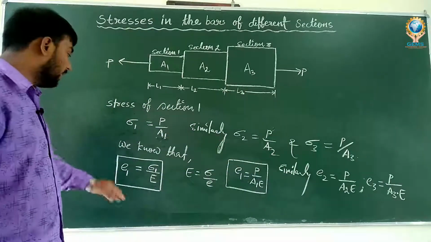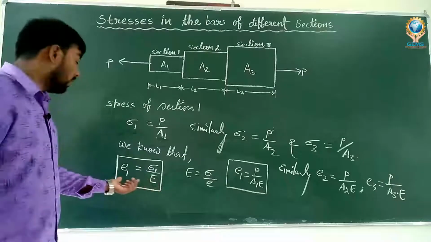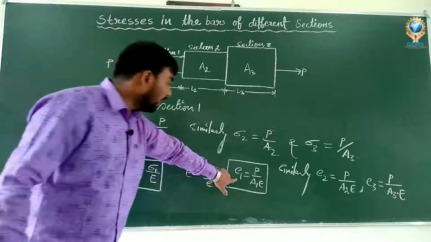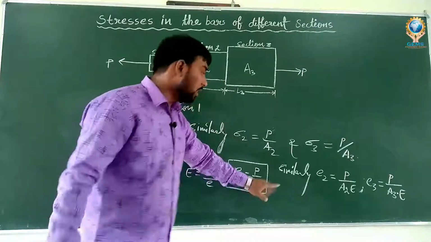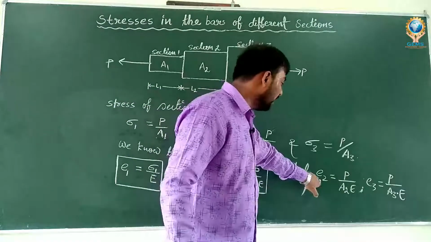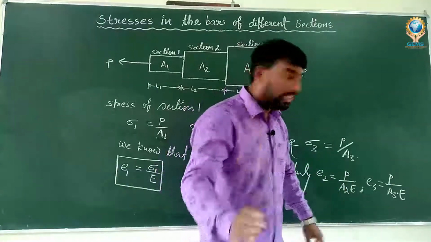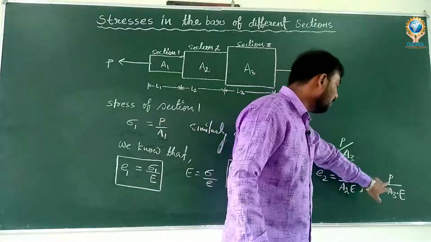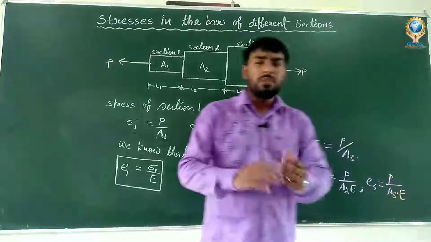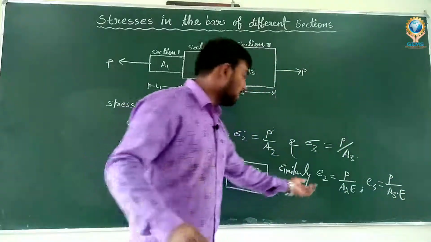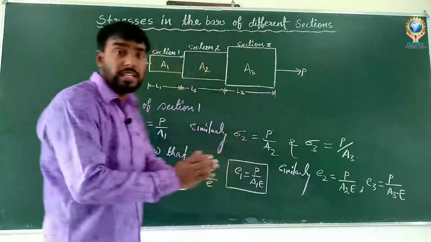Once again I will repeat it. The strain for section 1 is E1 equal to P divided by A1 into E. For section 2, the strain will be P divided by A2 into E. And for section 3, the strain E3 will be P divided by A3 into E. Why are we finding them separately?